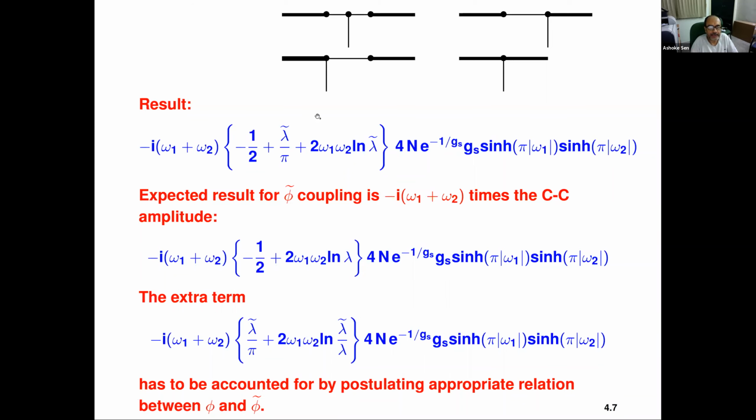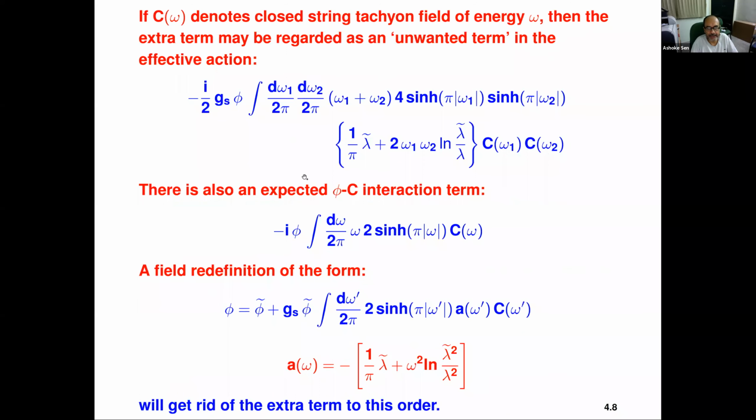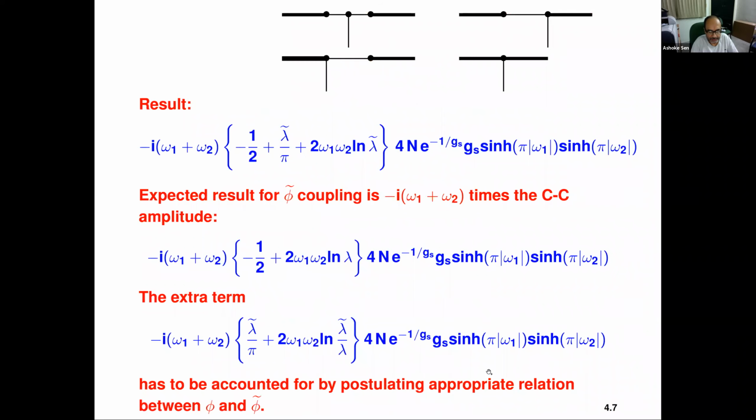You can represent this as if there is an extra coupling of this form. This 2 is a reflection of the fact that we have two C's. When you consider the Feynman diagrams from here, you will get a factor of 2 from the combinatorial factor. So you can easily convince yourself that if there is a term in the effective action of this kind, it produces an extra term of this kind.